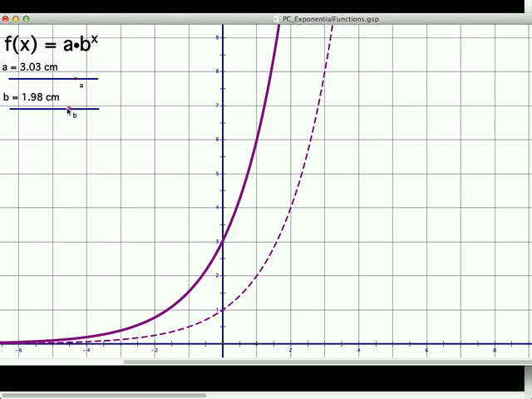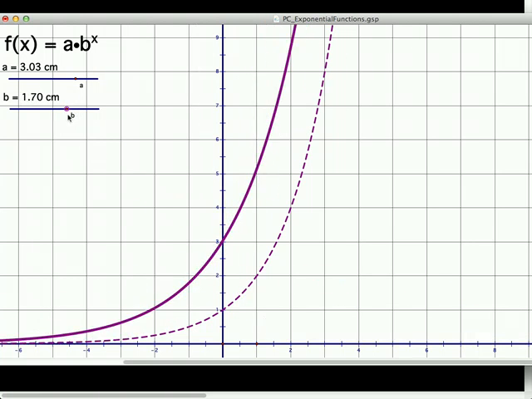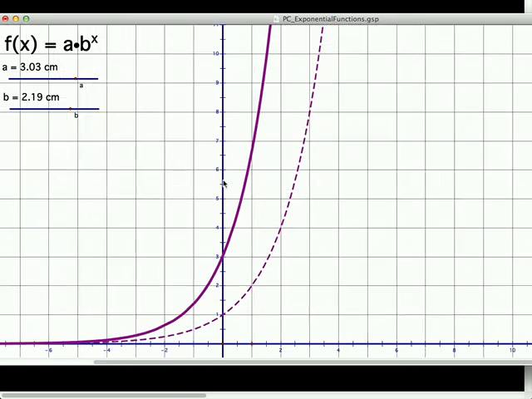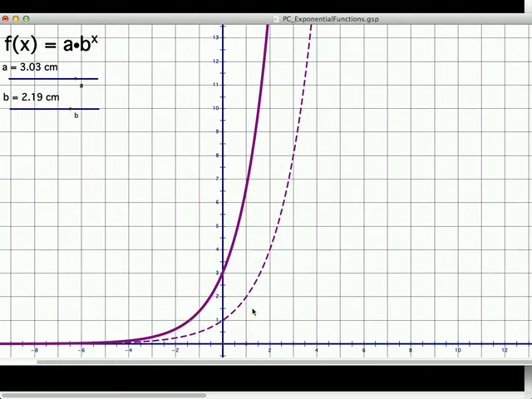And notice if I even change the value of b, it's stuck. That's the y-intercept. All right, so a affects the y-intercept. But it also ends up just tripling the y values for all of these. So notice what happened originally. 2 to the first was 2.